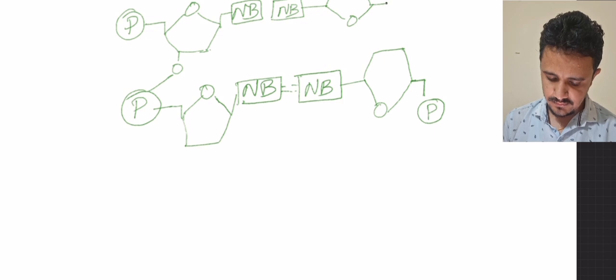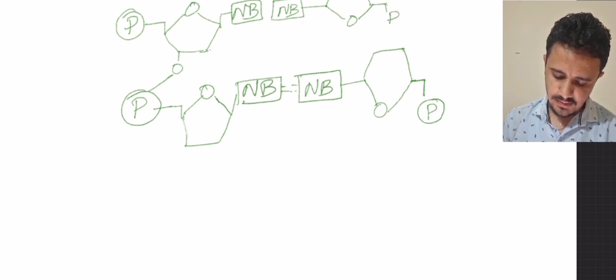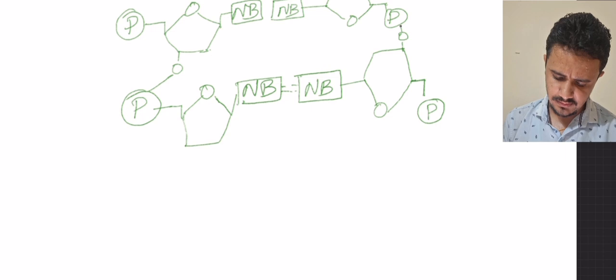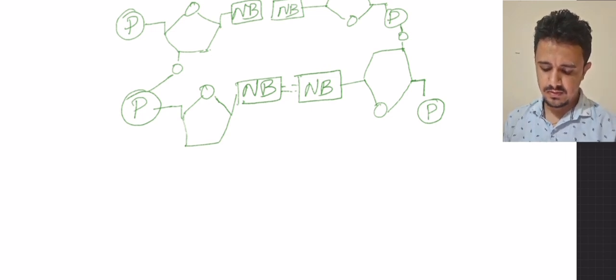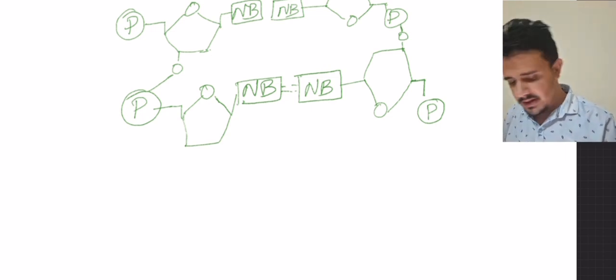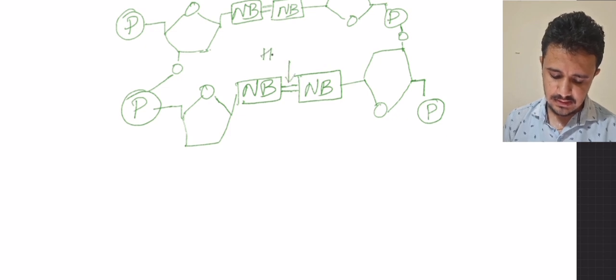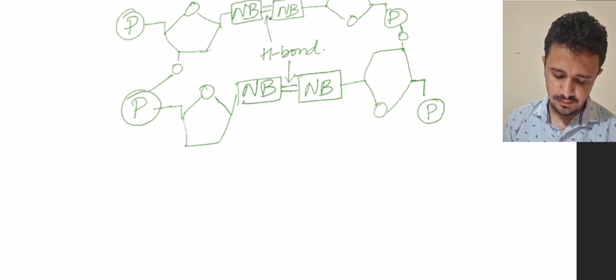Here one phosphate, and this phosphate will be connected to this oxygen here. So this way our DNA structure will be repeated again and again. Based on the bases, a double or triple bond will be there. So what is this part? This is called a hydrogen bond. Okay, this is also a hydrogen bond.